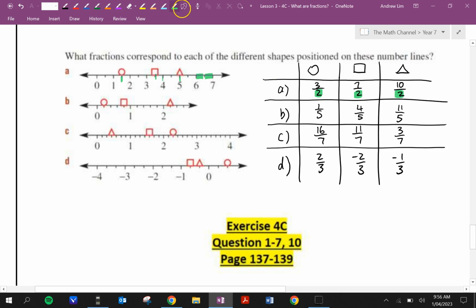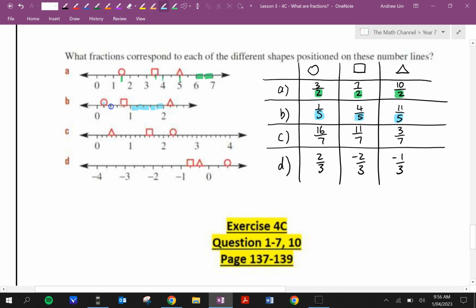Alright, for question B, we can see that each of these whole numbers are split into how many different spaces or intervals? 1, 2, 3, 4, and 5. So the denominator for all of these will be out of 5. So the circle, 1 out of 5.